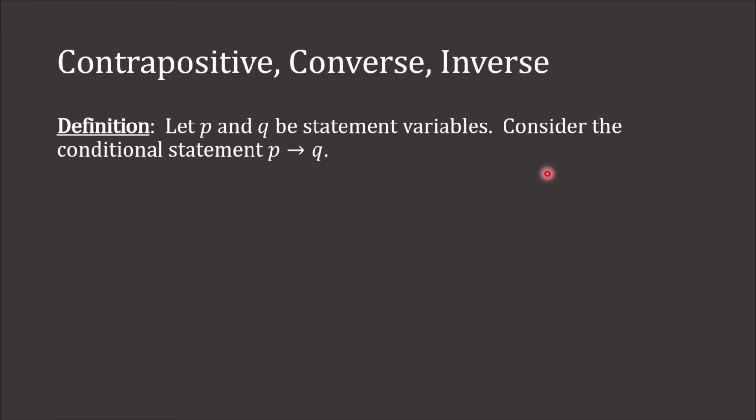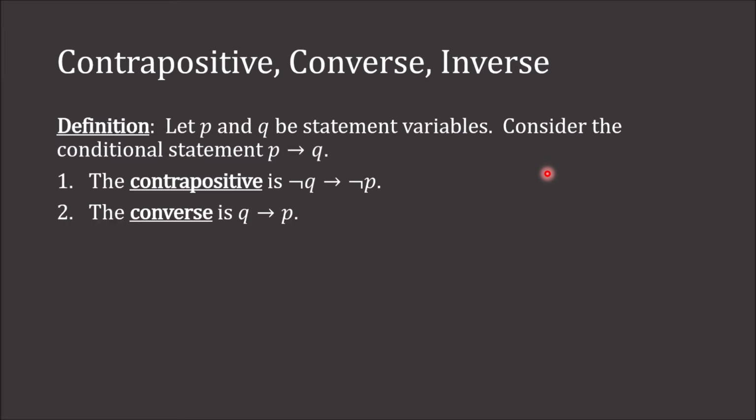So we let P and Q be statement variables, and we consider the conditional statement P implies Q. The contrapositive of this would be not Q implies not P. The converse is Q implies P, and the inverse is not P implies not Q.